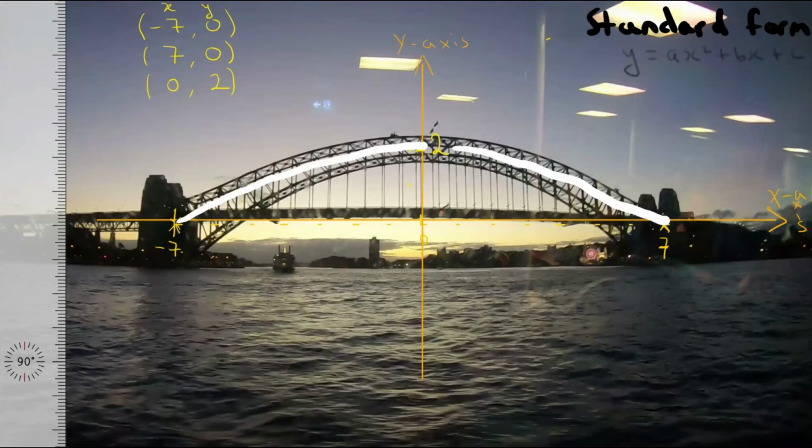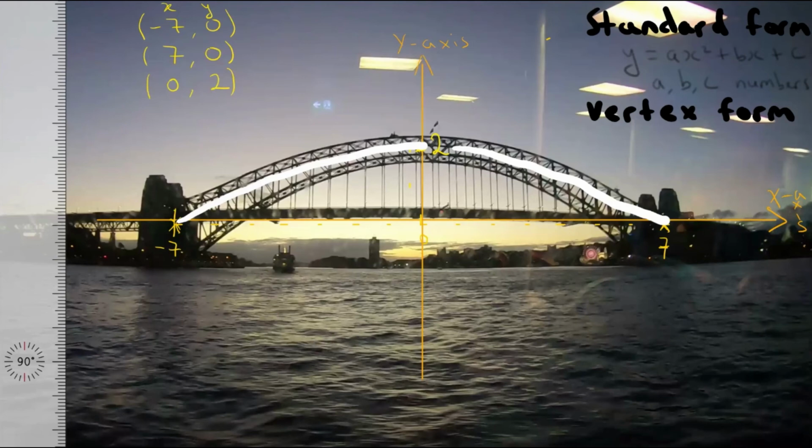In this equation we have a, b, and c, and they are just constants. They are just numbers that don't change, and the x and the y are variables. All right, so this is the standard form. Another form that we can have is the vertex form, which is based around the turning point, which in this case will be our point 0, 2.